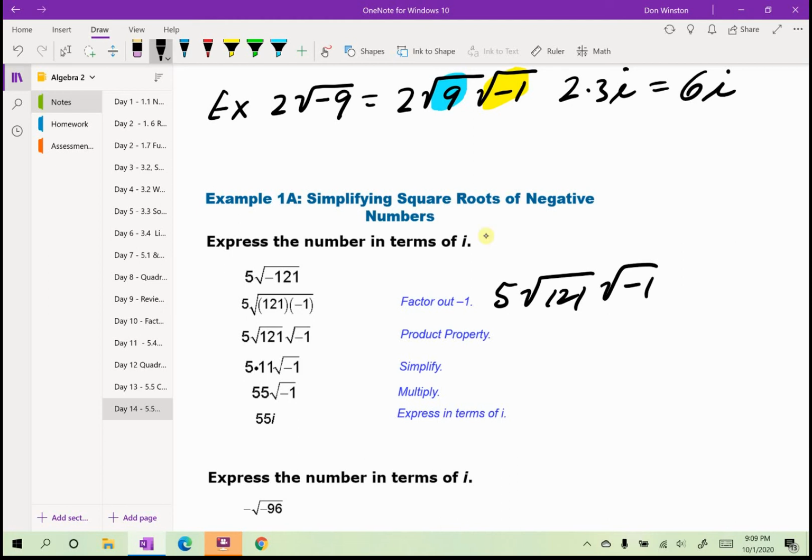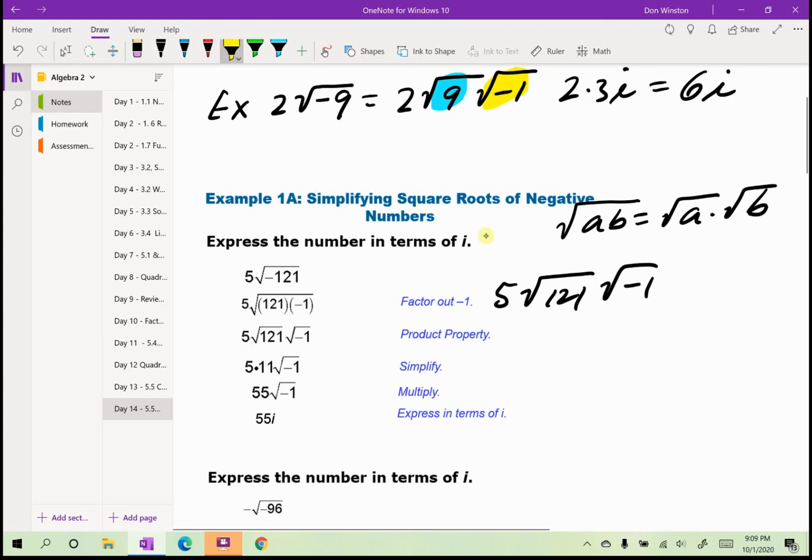You remember the property of radicals, the square root of AB is equal to the square root of A times the square root of B. So there they use that property. All right, and then the square root of 121 is 11, and 5 times 11 is 55, and of course, the square root of -1 is i. So 55i.